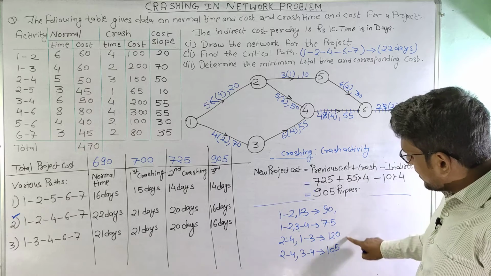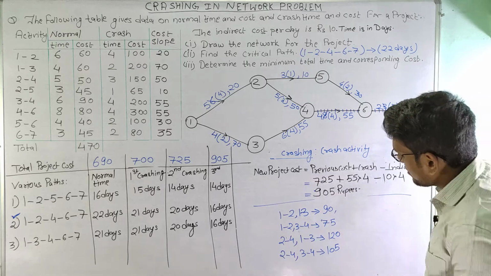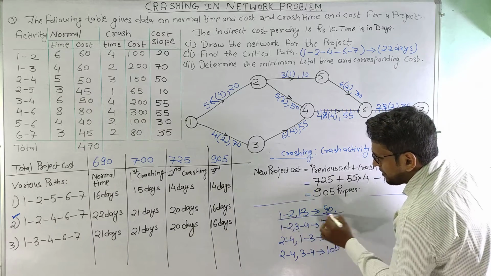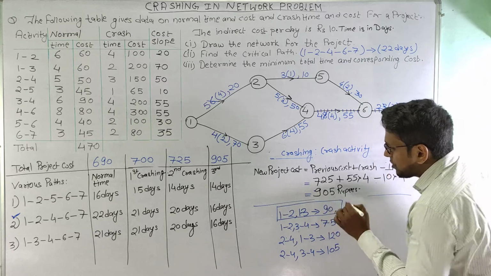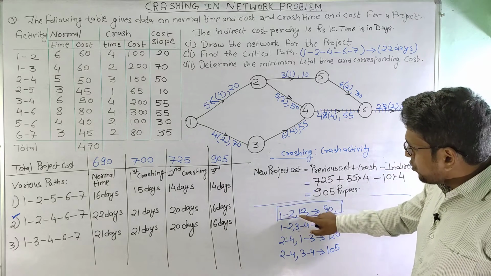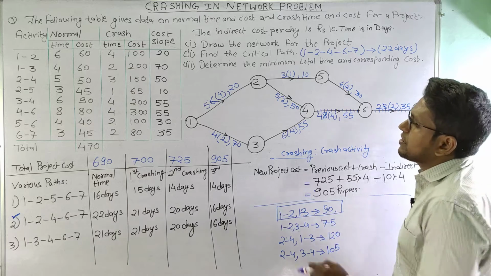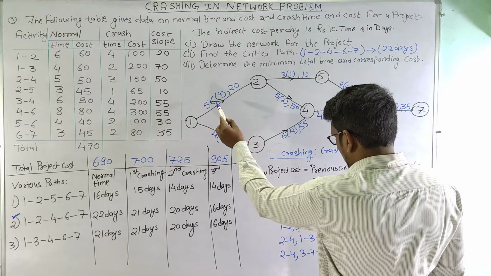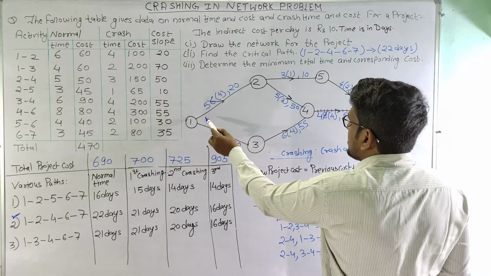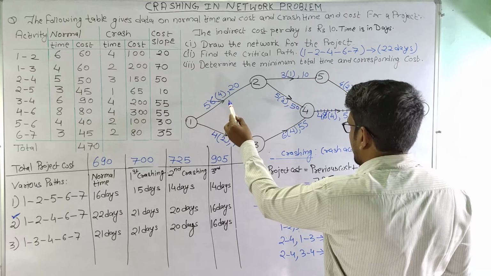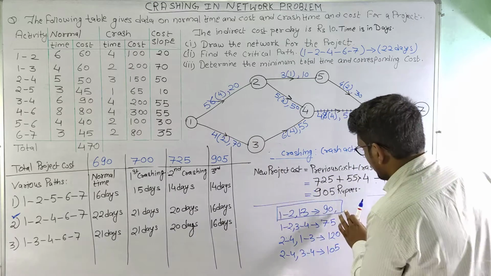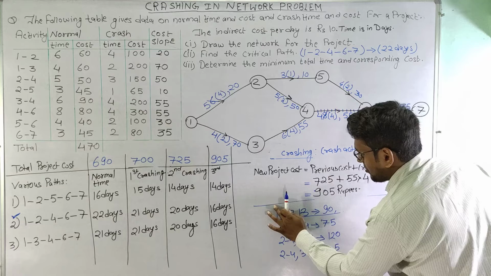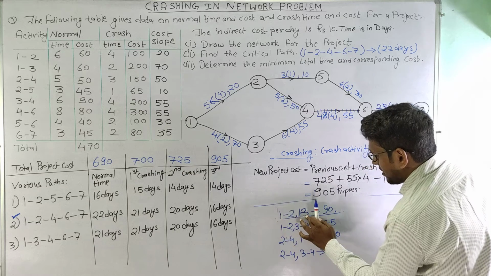So as we can see here, the minimum crash cost is coming for this activity. That means we need to crash activity 1-2 and 1-3 together. That means activity 1-3, and the minimum cost is not coming here, it is by mistake.